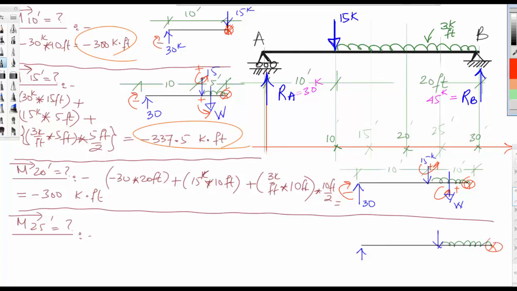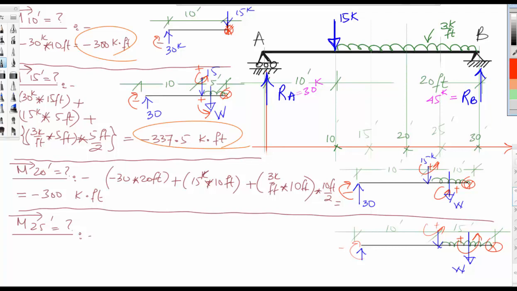If you go back to the distances, this is 10 feet and this is now 15 feet. This will rotate in this direction, which is negative. This will be positive. And of course the equivalent force also. This resultant will rotate positive.